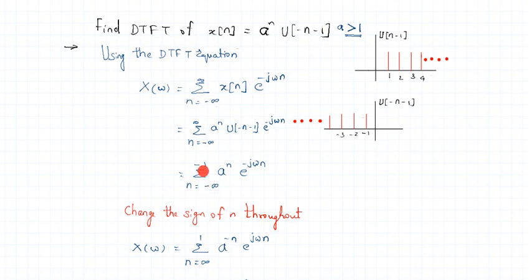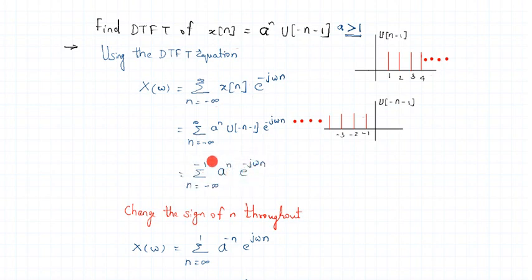We know the unit step signal is all 1. So what remains in the equation is a^n e^(-j omega n).